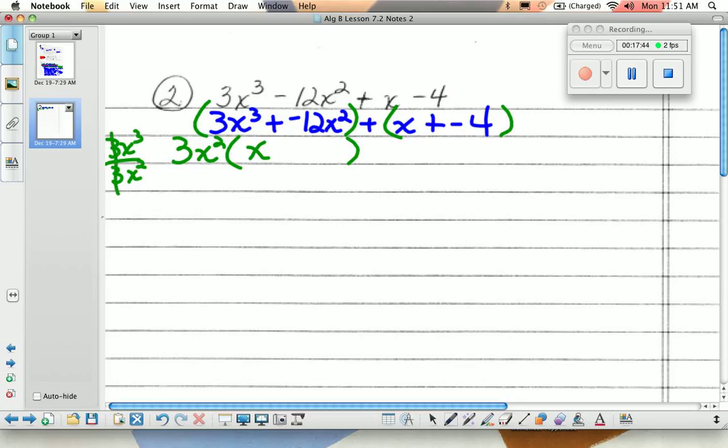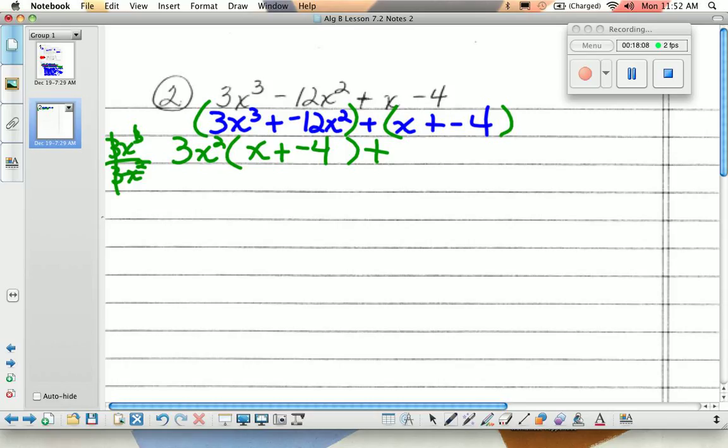There's 2 x's here that will cancel out, and so we'll only have a 1 up here, so it'll be x to the first. And then plus, what's negative 12 divided by 3? Negative 4. And then what's x squared divided by x squared? 1. So they cancel out, right? Okay. Plus.